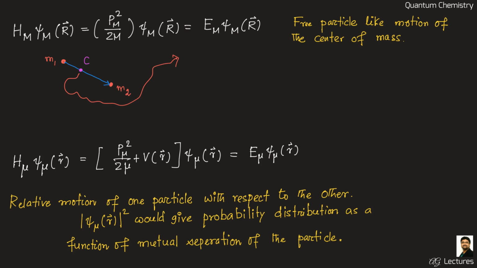And then we'll get the energy of this electron, again as a function of its separation from the nucleus, and the wave functions as a function of small r, which is the internal coordinate.